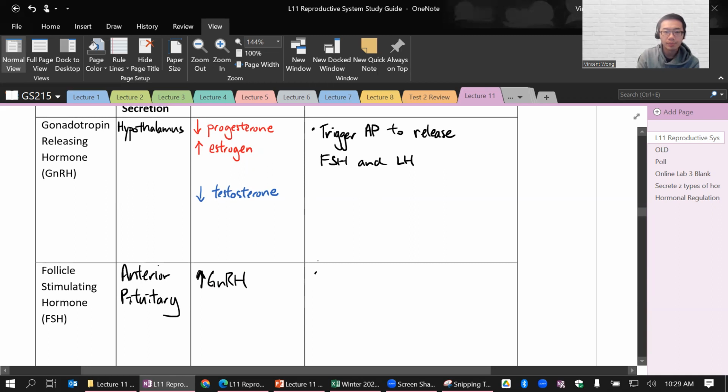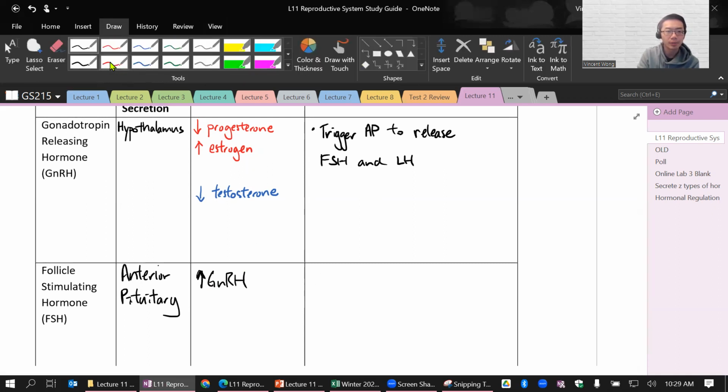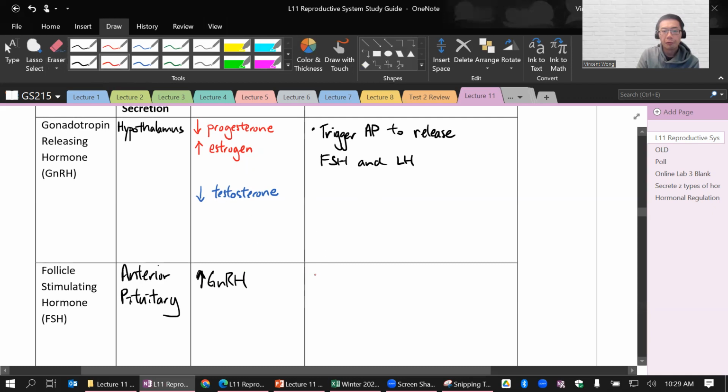And what does it do? Well, now we have to use a different color. For a female, it will stimulate the development of follicle. Okay, this is essentially oogenesis.